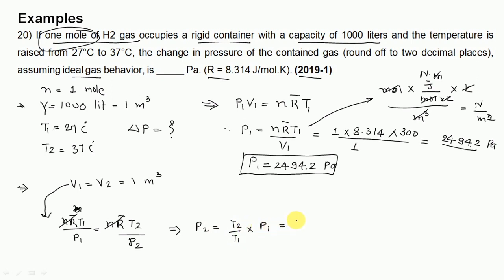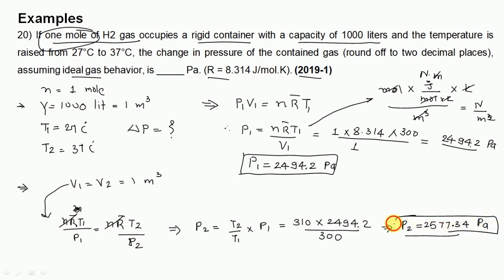If you put the values, the temperature T2 is 37, so its value is 310, P1 we already found, 2494.2, divided by T1, which is 300, and finally you have the P2 value, 2577.34 Pascal.